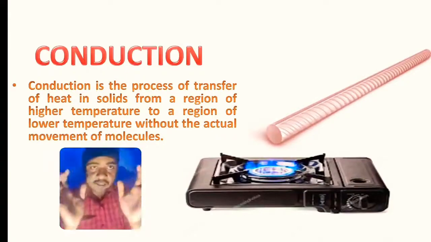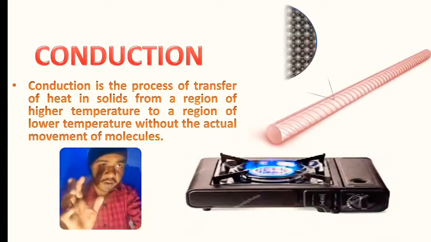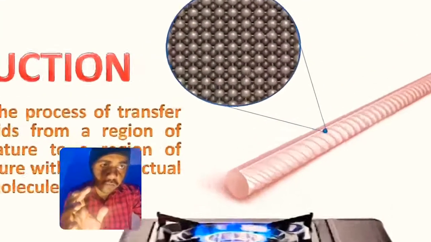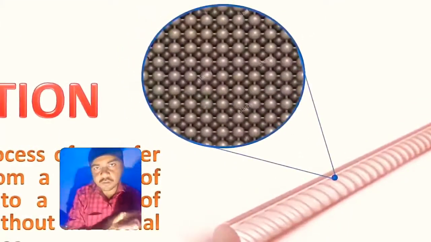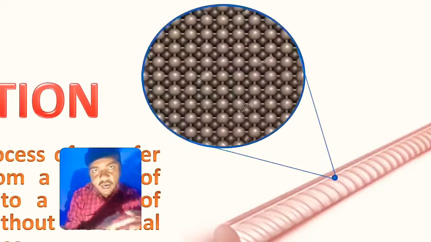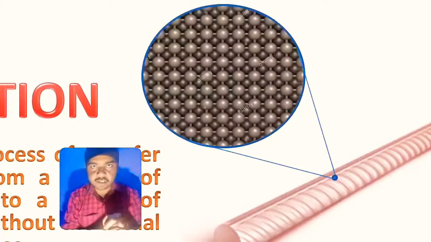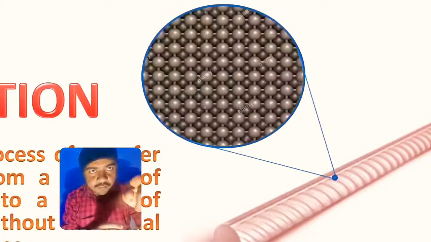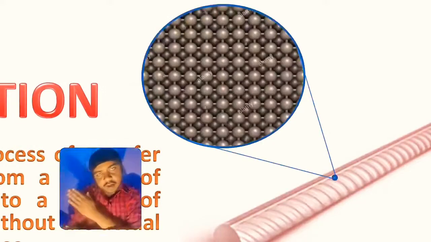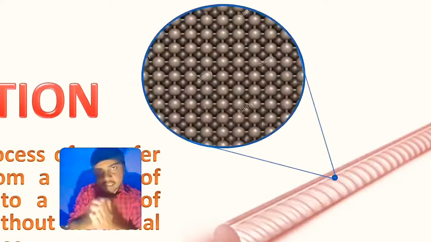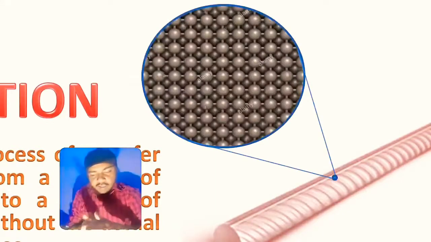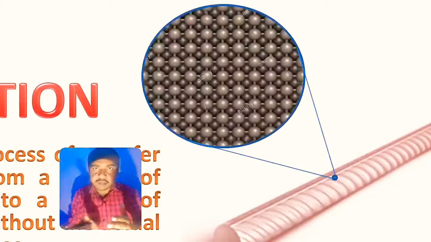What exactly is happening in this condition, my dear students? If we take out a small point and zoom it, we can see the atoms or the molecules of this metal are very tightly packed with each other. One of the far left atoms or molecules is heated, and since it is in direct contact with the next atom or molecule, the heat is directly transferred to that one, again directly transferred to that.